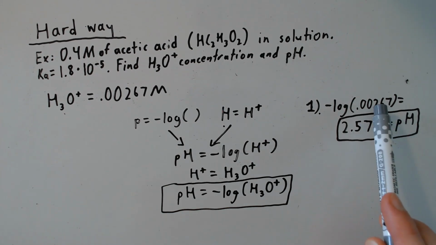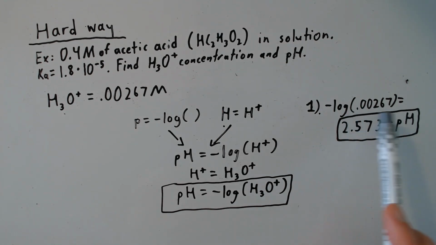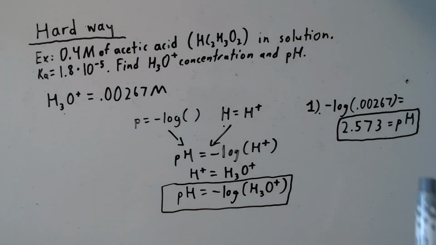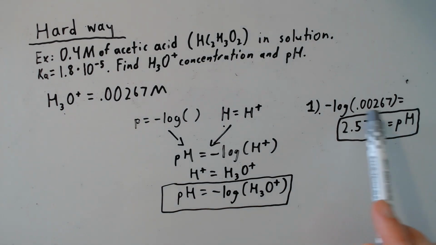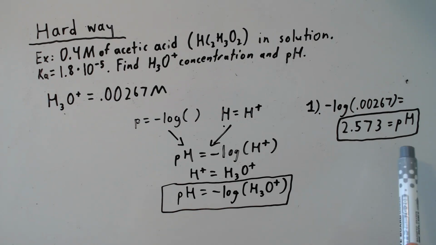So here we have 1, 2, 3 significant figures in our concentration of H3O+. Therefore, we have 1, 2, 3 decimal places in the pH. So the number of significant figures in the concentration equals the number of decimal places in the pH. That is the significant figure rule for these types of problems.